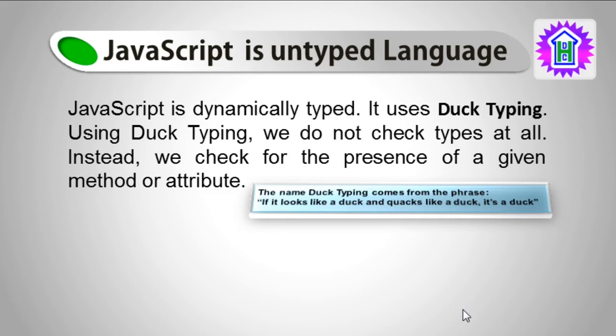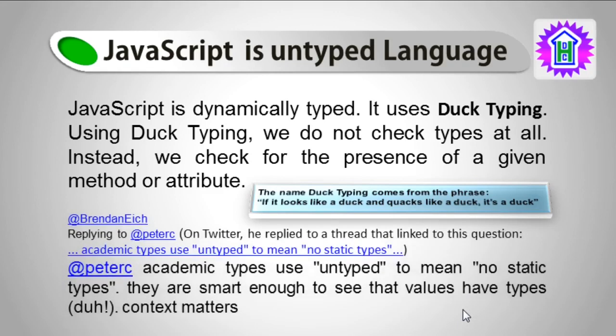So by looking at 5, the value that is assigned to x, we can determine the data type of x. So there is no need to write down the data type of x in the declaration of x. This is called duck typing.